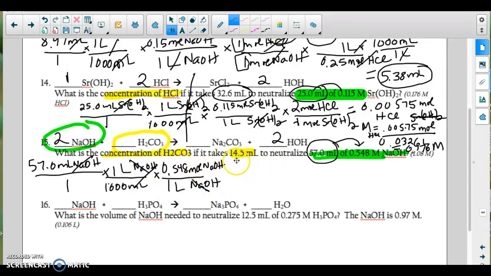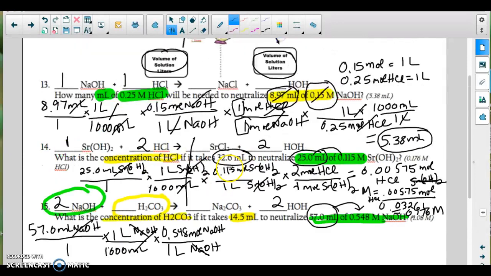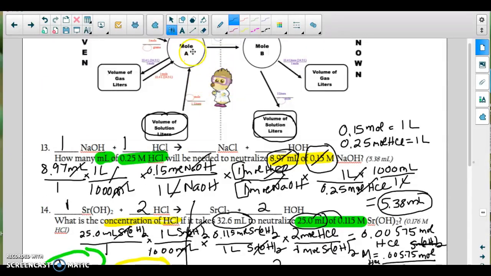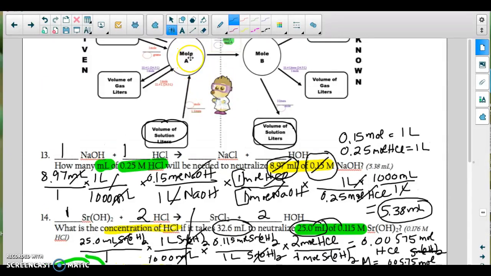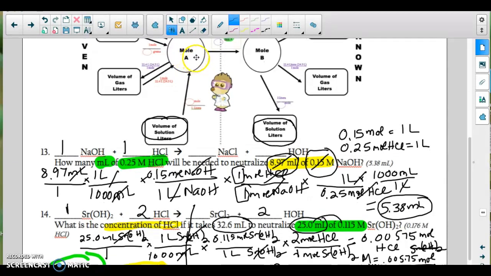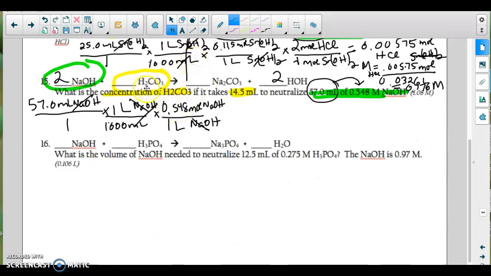Now in the mole map, I am right here, but I'm not interested in the sodium hydroxide. I'm interested in the carbonic acid. So I do need to do a mole-mole ratio to switch over to this: 1 mole H2CO3 for every 2 moles NaOH.